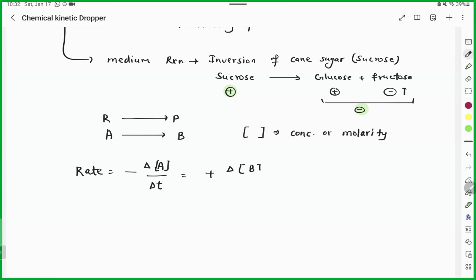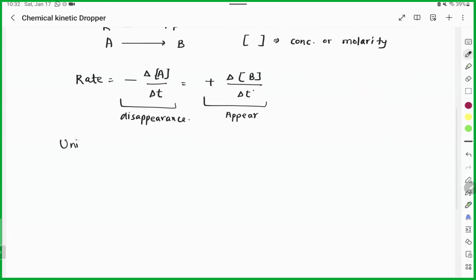So the reactant will disappear and your product will appear. The question will be asked as rate of appearance and disappearance.